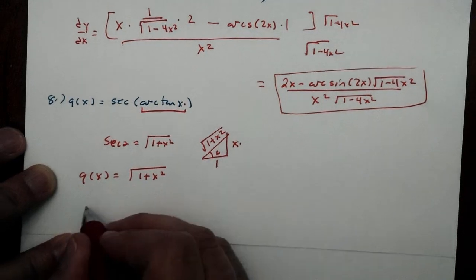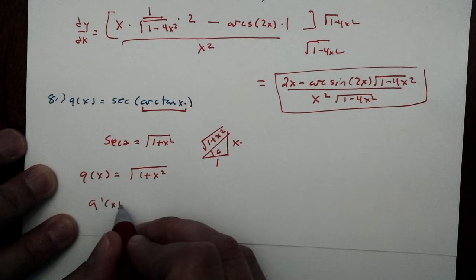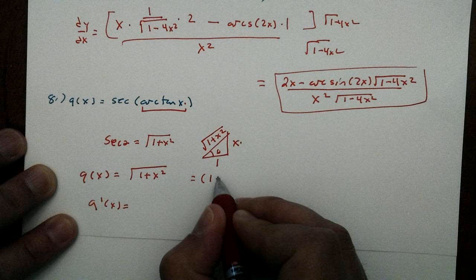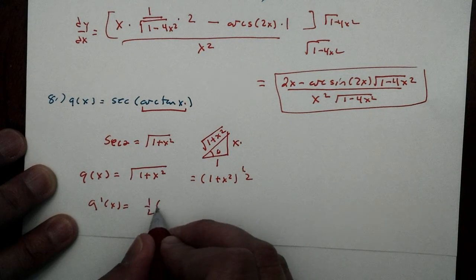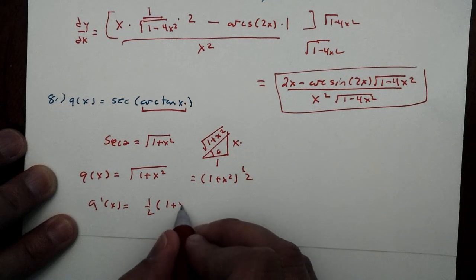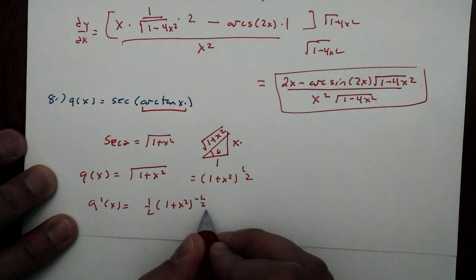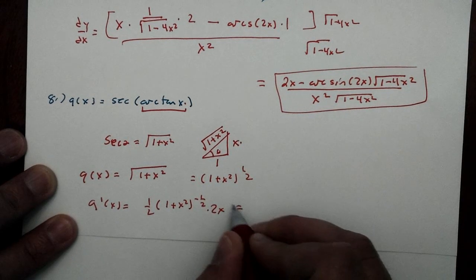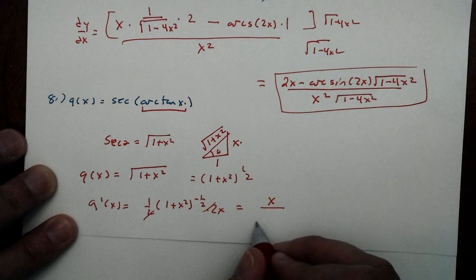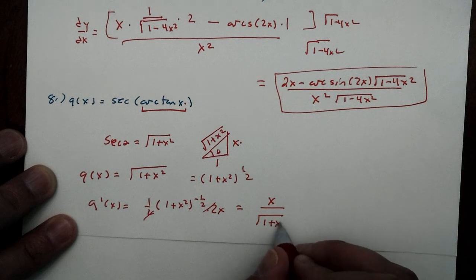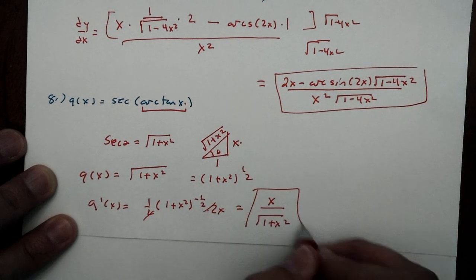If we take the derivative, q prime of x, this is 1 plus x squared to the 1/2, so we would get 1/2 times 1 plus x squared to the negative 1/2 times 2x. The 2's will cancel, and we can say that this is just x over the square root of 1 plus x squared. And there is our derivative.